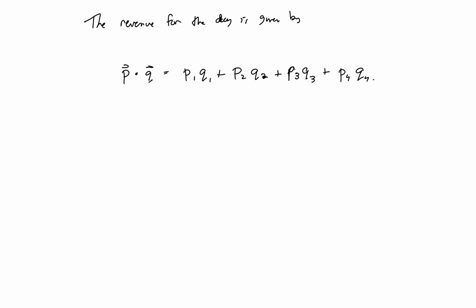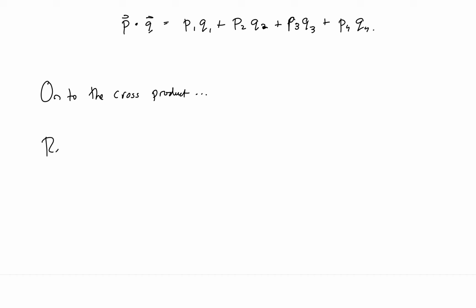Okay, so now let's move on to the cross product. So let's recall from the flip class video. If V is, say, x1, y1, and z1, and W is x2, y2, and z2, then we define the cross product. We wrote it in terms of this determinant.